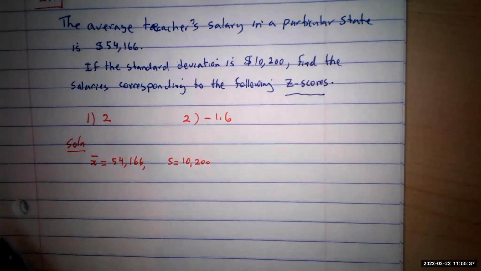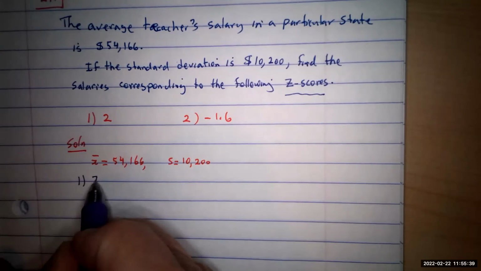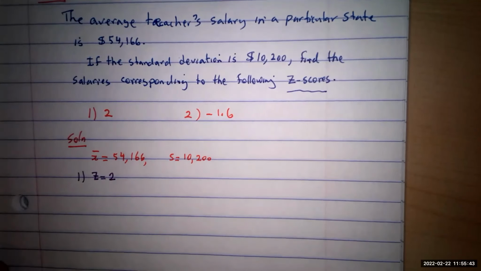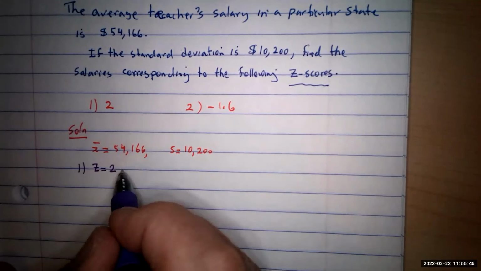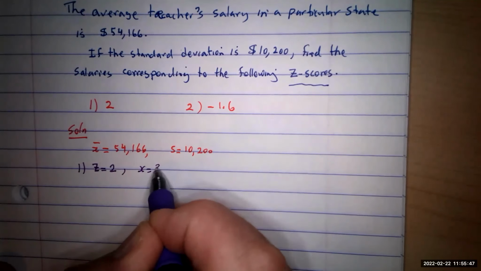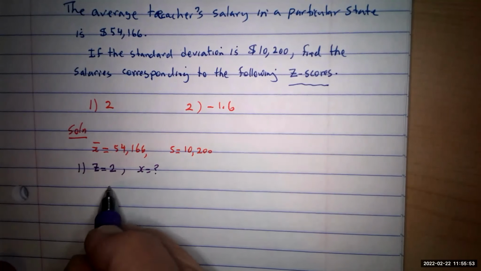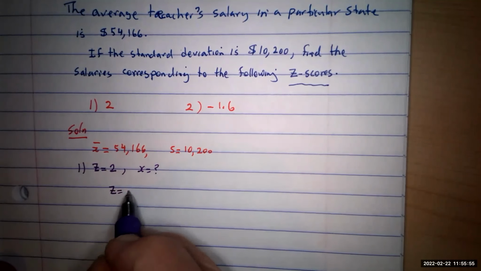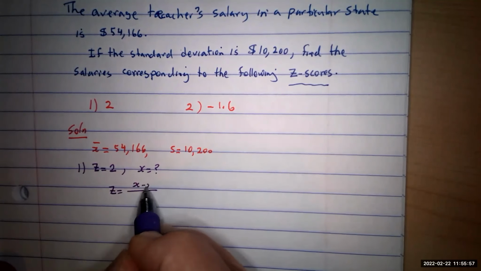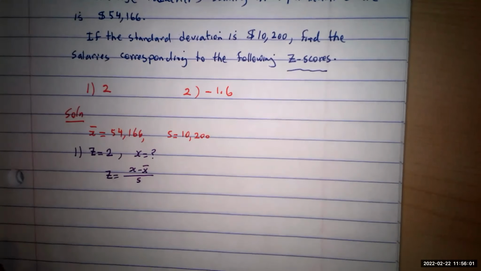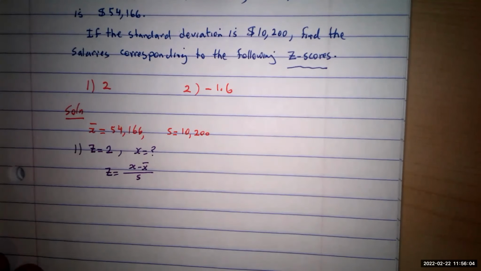In the first part, we have a teacher whose z number is 2, and you want to find the x. So we write the formula: z equals x minus x bar divided by s. I can give you another formula for x, but we'll leave it for the time being.